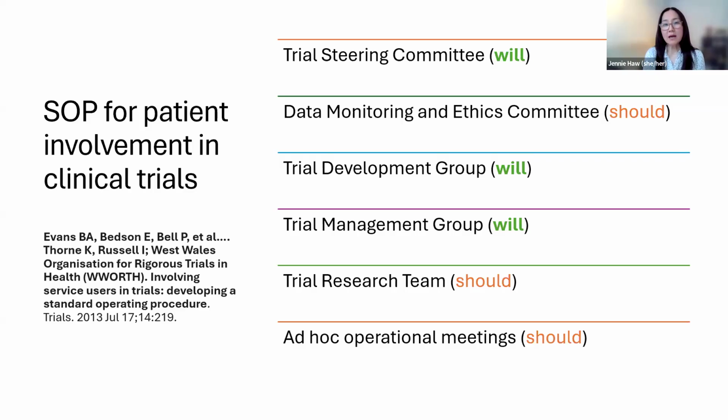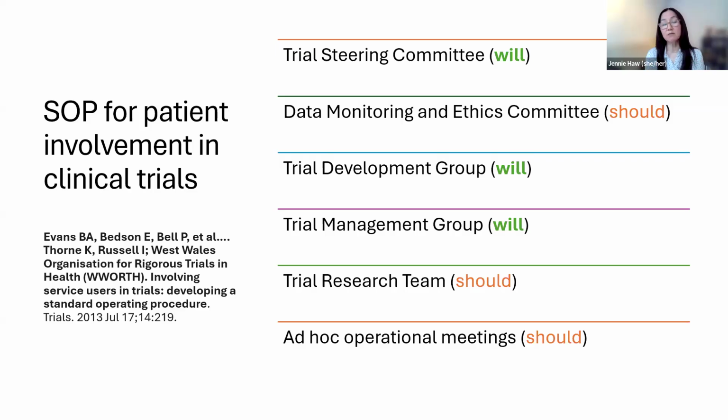Then the data monitoring and ethics committee, and this group would contribute to decision-making about safety, benefit, and recruitment. And here they recommend that 2 patient partners or service users may be involved in this committee. The trial development group would contribute to decision-making about all aspects of the proposed trial.